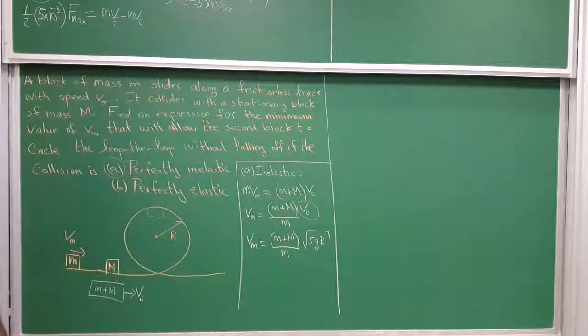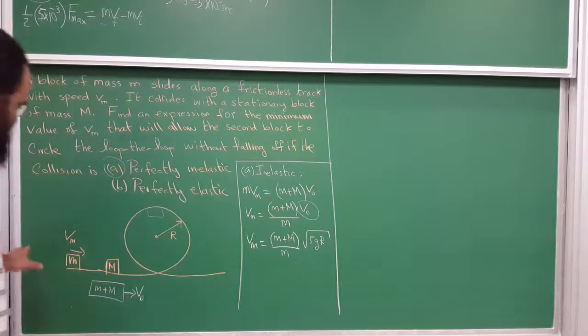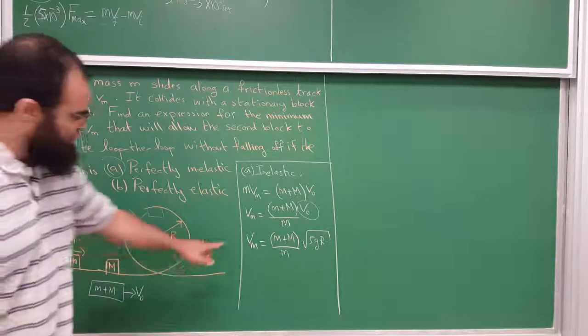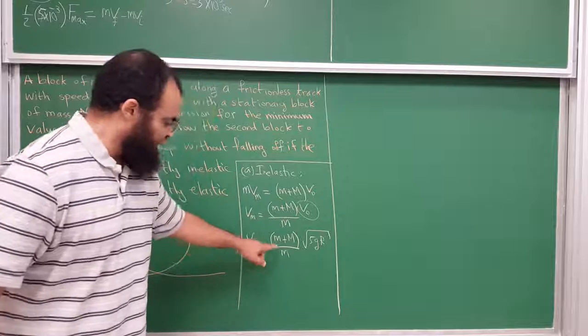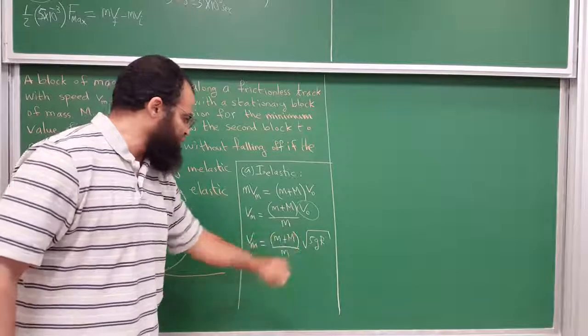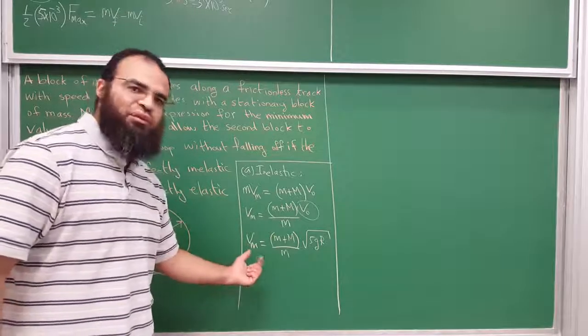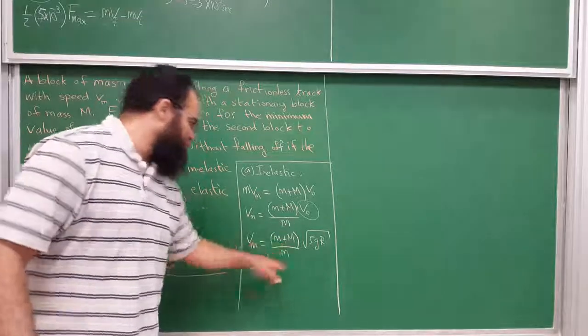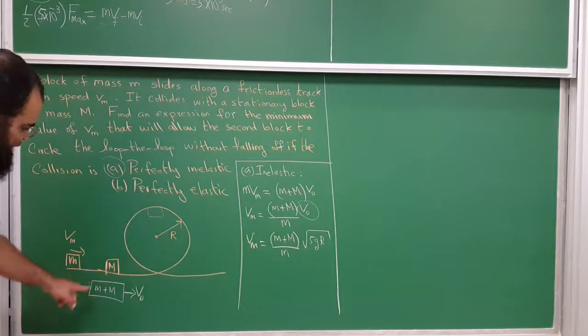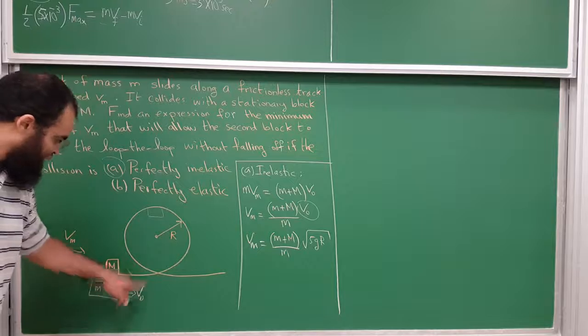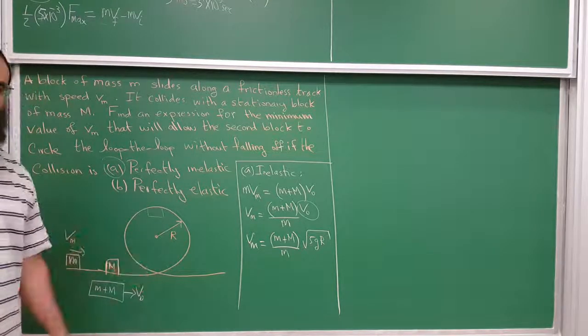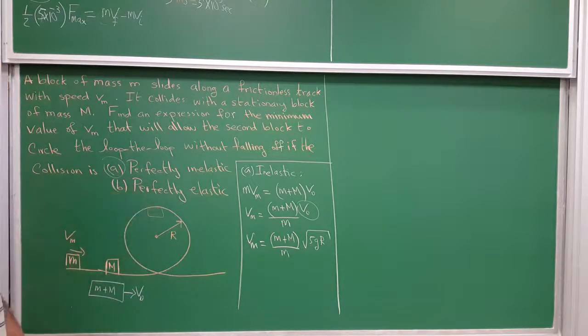That's the minimum speed needed. So little m needs to be coming in before the collision with this speed, which is related to the masses. If you give me the masses and the radius, I will tell you what that minimum speed is, so that when it collides, it ends up with the speed needed to come around and make it.